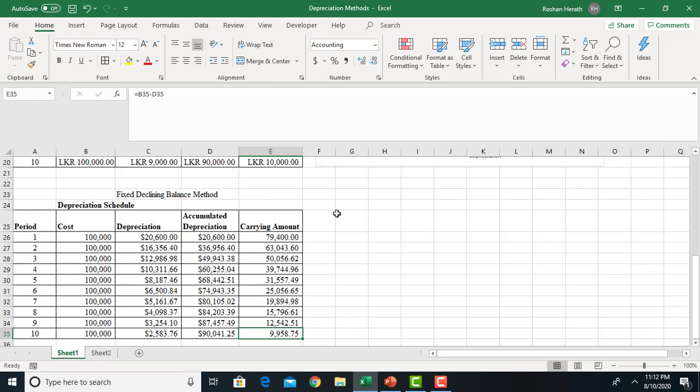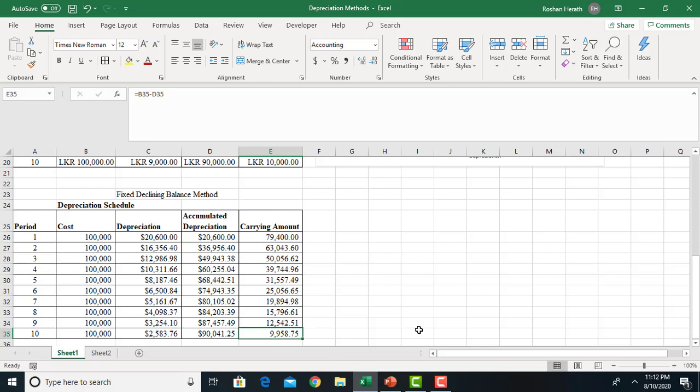It is simply because of the rounding we use over here. That small difference can be expected, and it's pretty negligible, 9,958.75 versus 10,000. Or you can simply adjust it through the depreciation, thereby the carrying amount would become equal to 10,000.